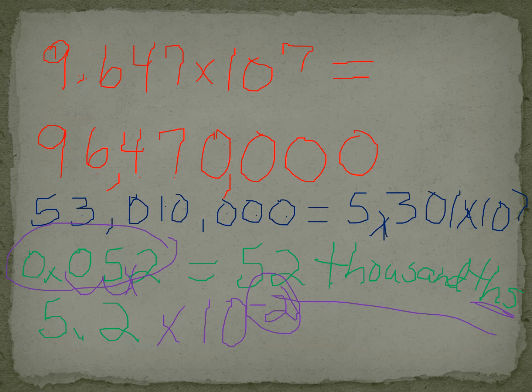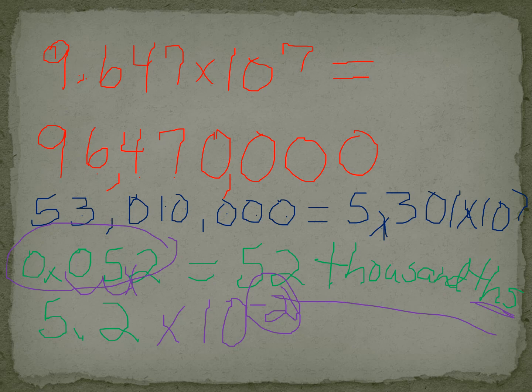All right. What about, I'm going to flip-flop now, and I'm going to do a different color. I'm going to look at this one, 53,010,000. And I want to write this one out in scientific notation. So my first number, these are zeros, my first number is 5.3. And I'm going to go ahead and carry that out to where I don't have any more zeros.